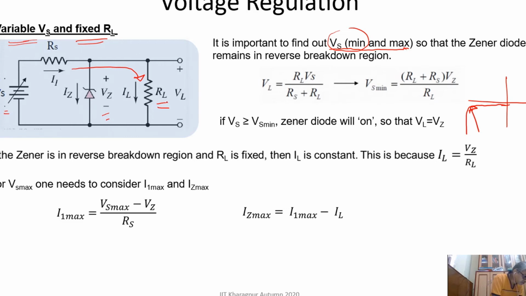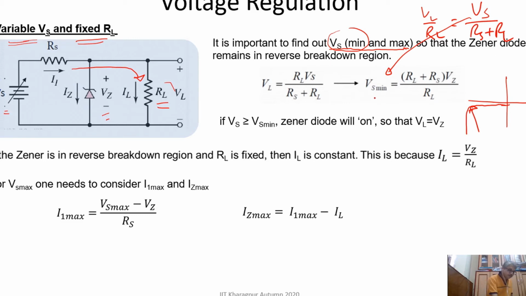Because it is just on the verge of breakdown, we can write VL over RL, like in the last slide, VL over RL equal to Vs over Rs plus RL. And from there we can find out Vs min, because we are assuming most of the current is passing through the load.